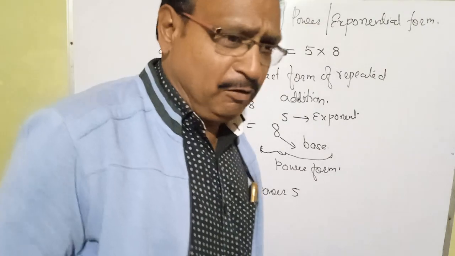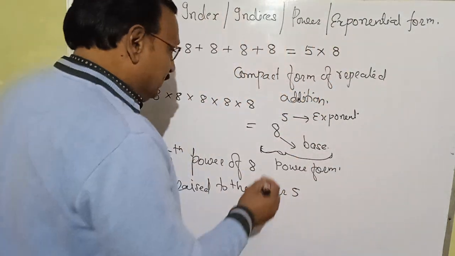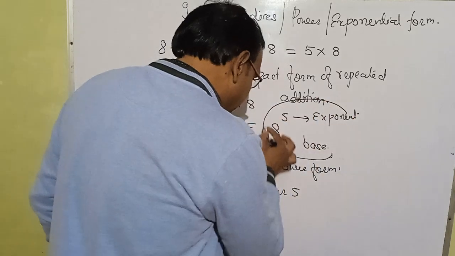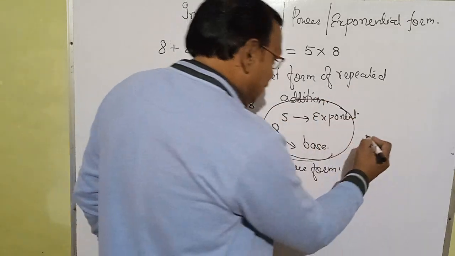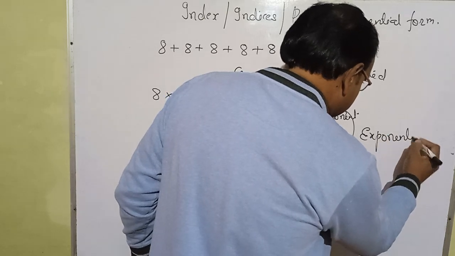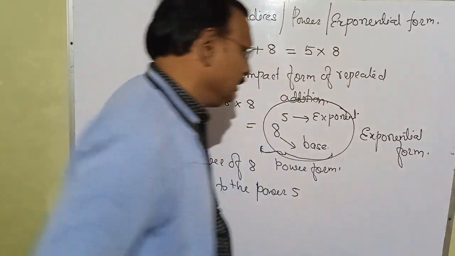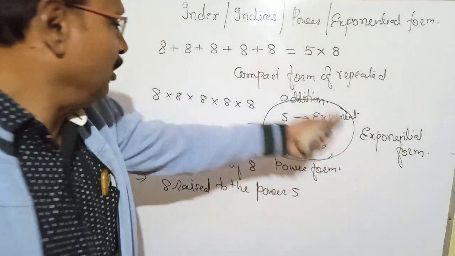Here are two different forms for writing the exponential form, and any expression written in this form is called exponential form. This is the exponential form of this expression.